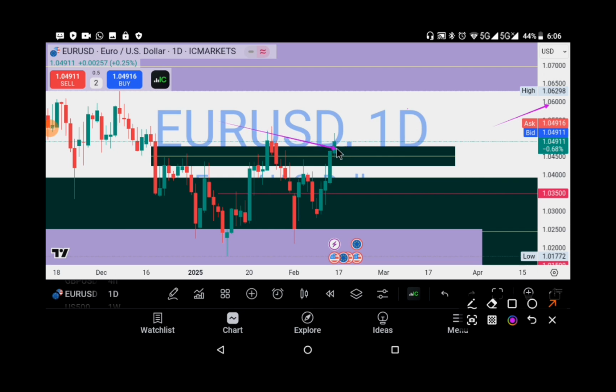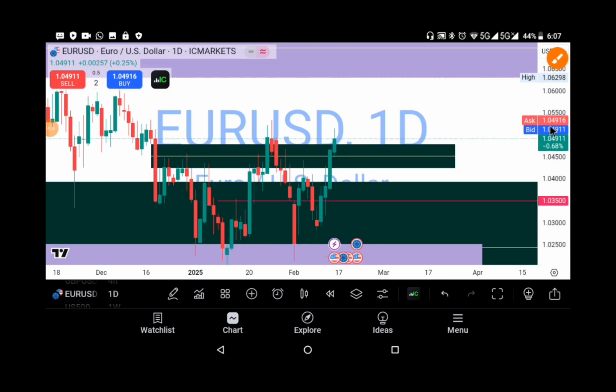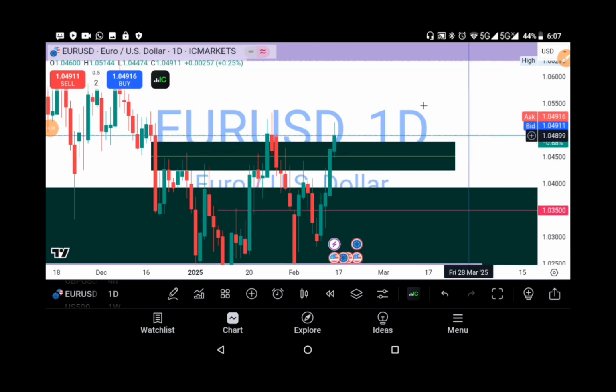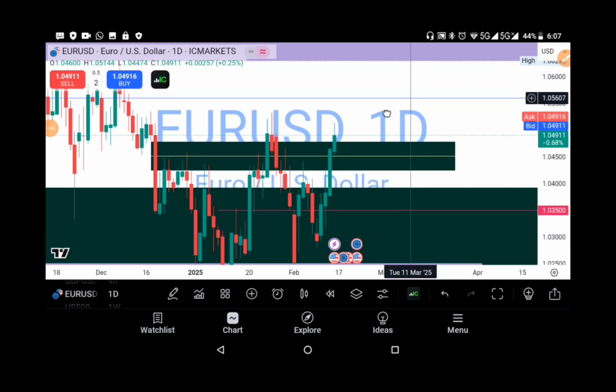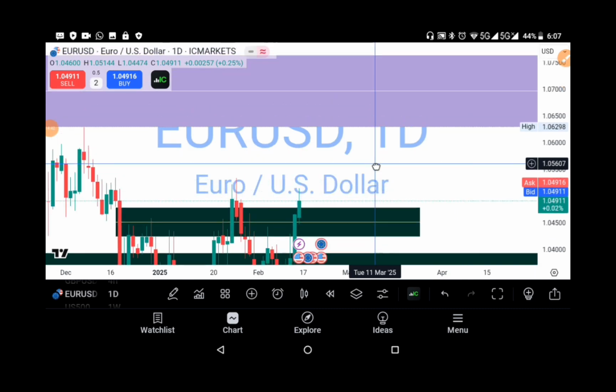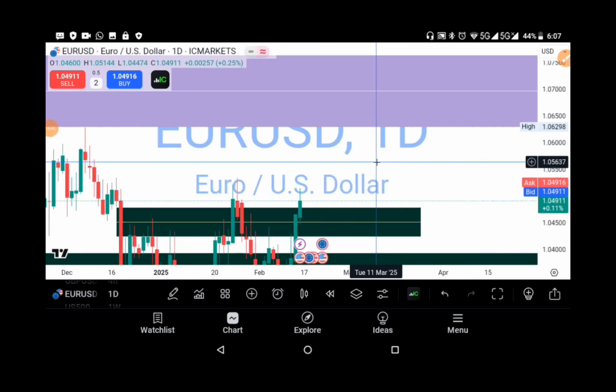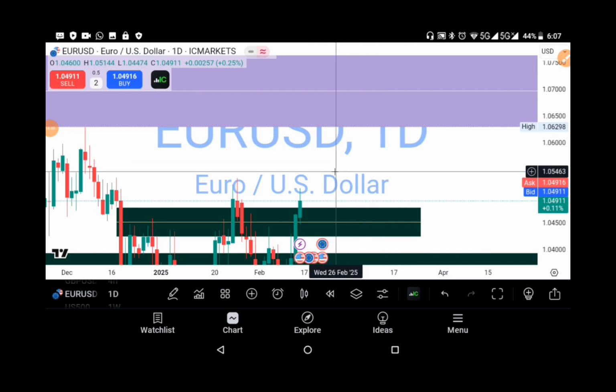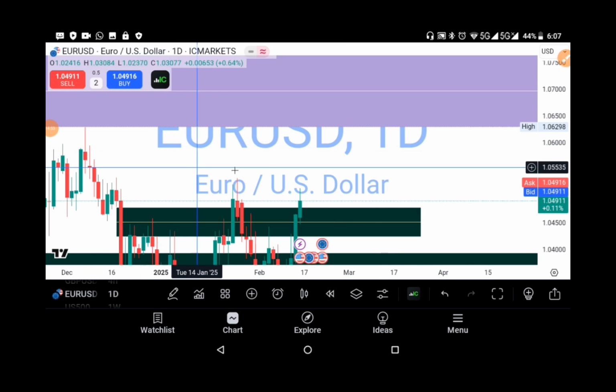I'll be expecting the market price to utilize the upper half of this CB as a support. But I have to be realistic enough, and I shouldn't be rigid. So this is what I'll be watching.